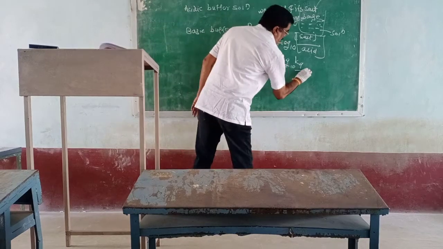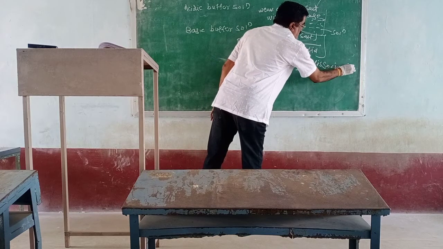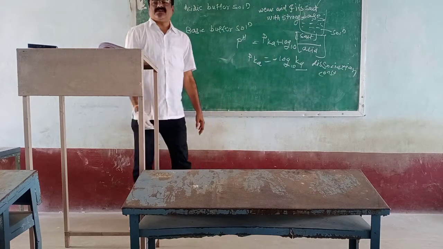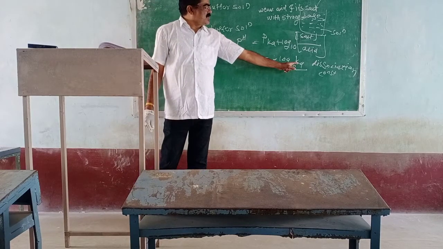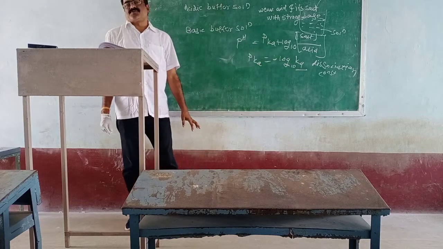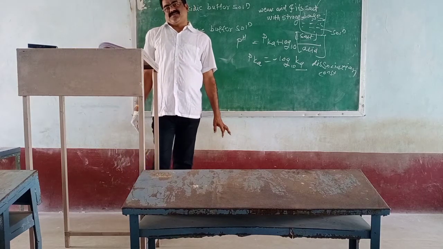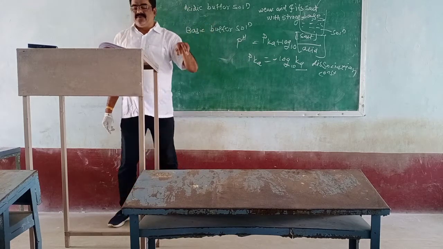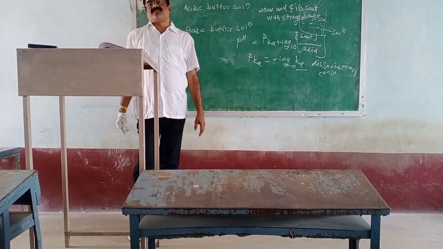What is K? Dissociation constant. In the basic buffer solution, that K will be the dissociation constant for the base.